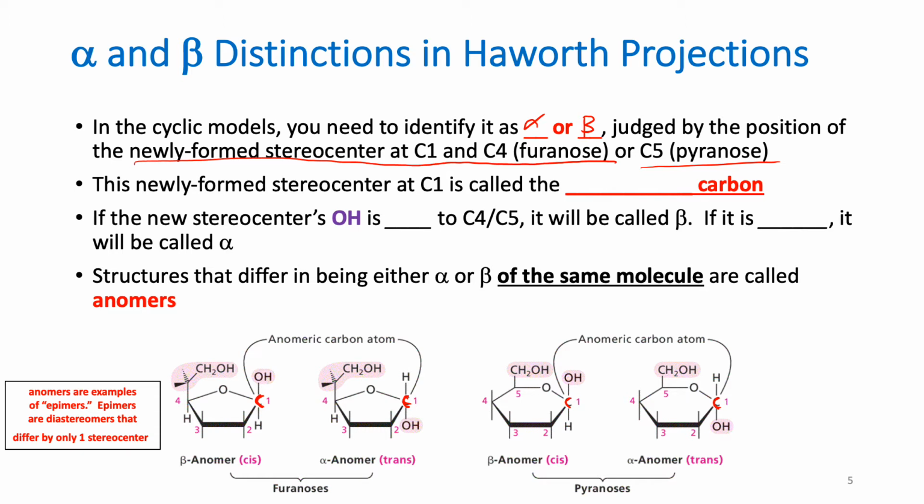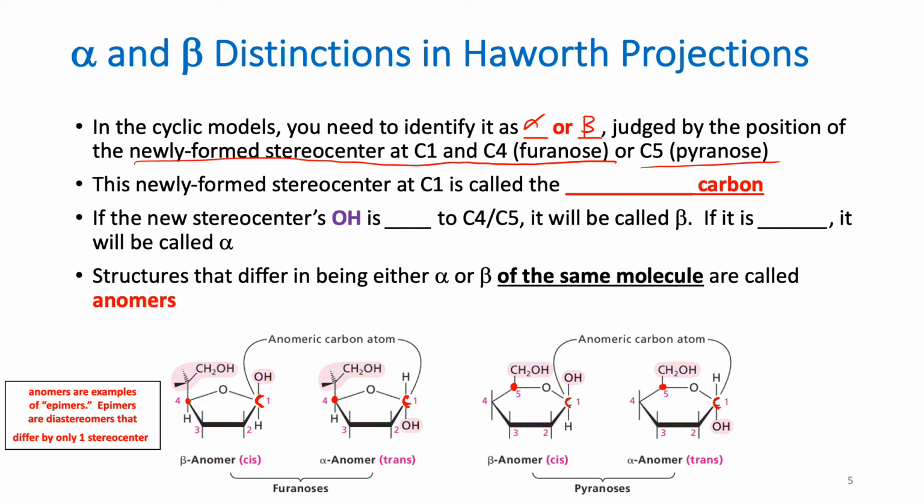So that's C1. You're also going to look at that carbon in furanoses, or this carbon that I'm outlining with the red dot in pyranoses. Okay? And so if you're looking at a furanose, you're going to compare C1 and C4. If you're looking at a pyranose, you're going to compare C1 and C5.